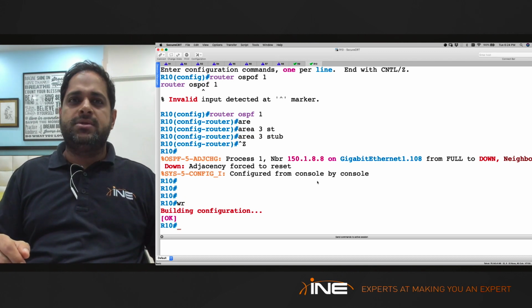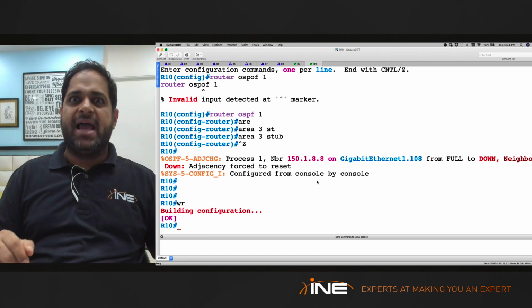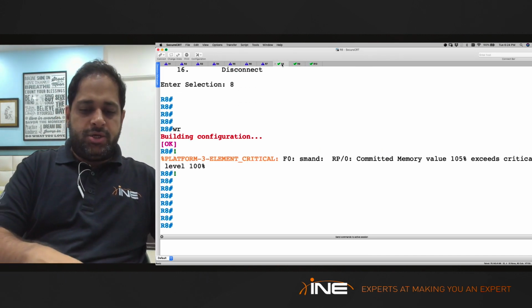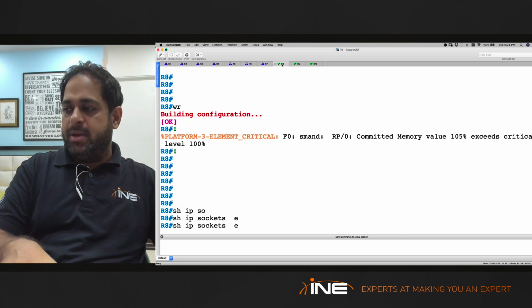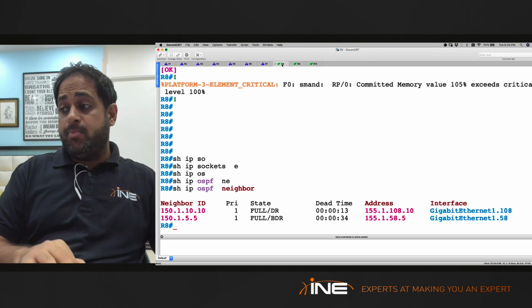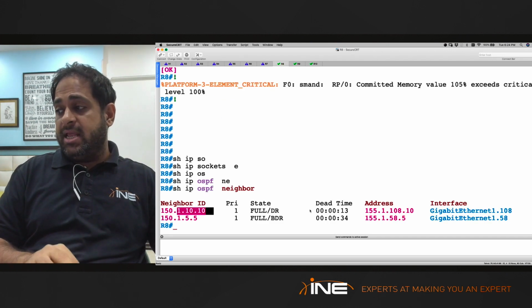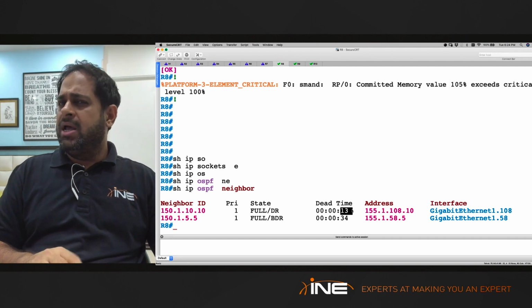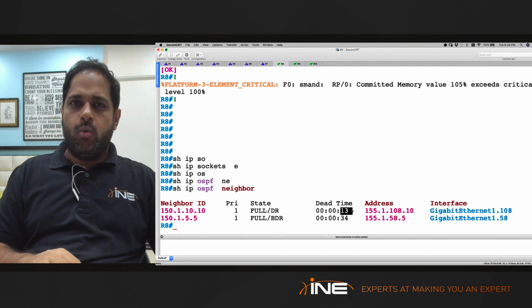The reason I lose the neighborship is because the stub flag must match. So if I go back to 8 and do a show IP OSPF neighbor, you would see that my neighborship with router 10 is going to go down in about 13 seconds more. And my neighborship would not form with R10.